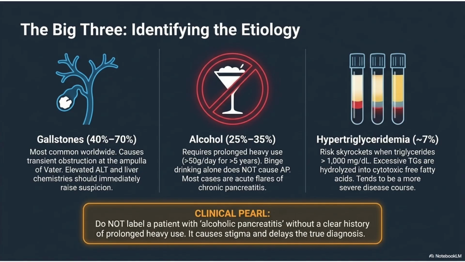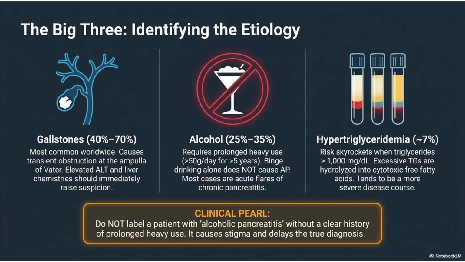Alcohol: 25 to 35% of the causes are alcoholic pancreatitis, but you need to remember that you need a pretty significant amount of heavy alcohol use in order to cause acute pancreatitis, which has been discovered with studies over years. Currently, as I have researched about this topic, more than 50 grams per day for more than 5 years is the amount of alcohol you need to consume.